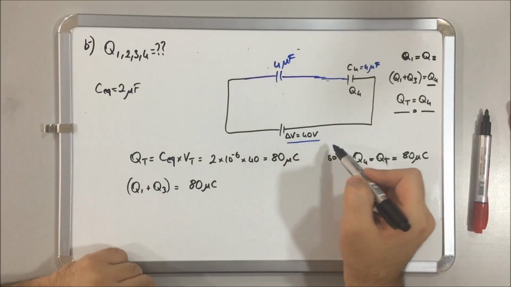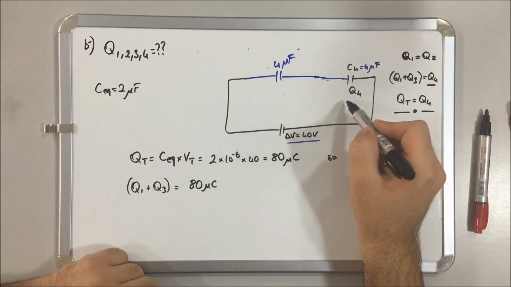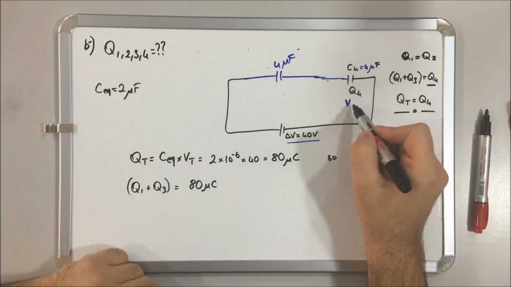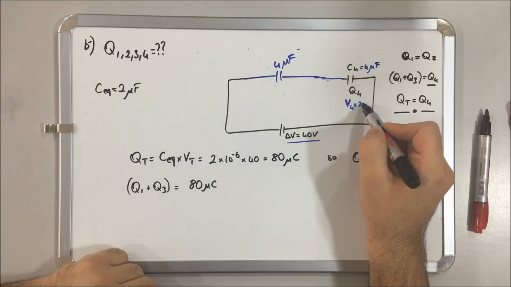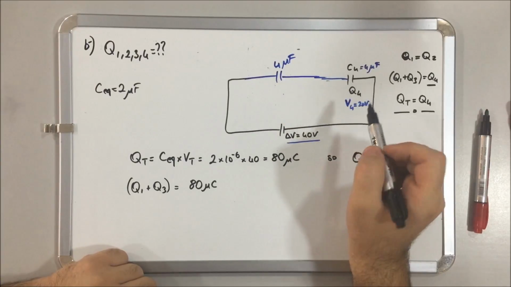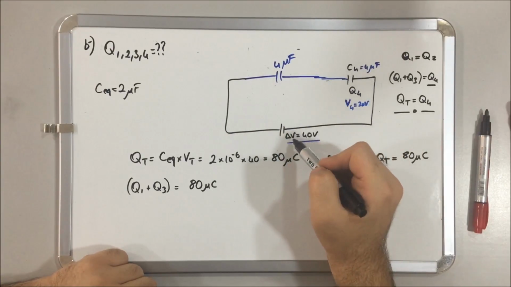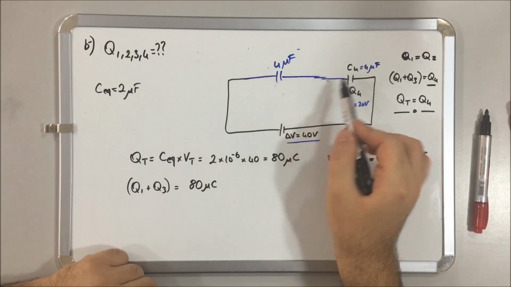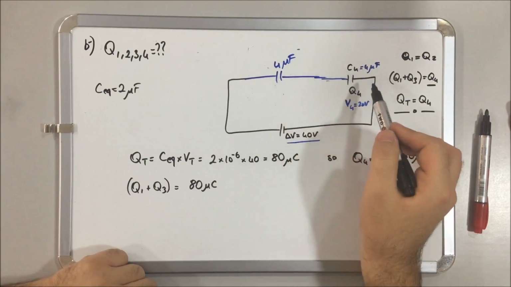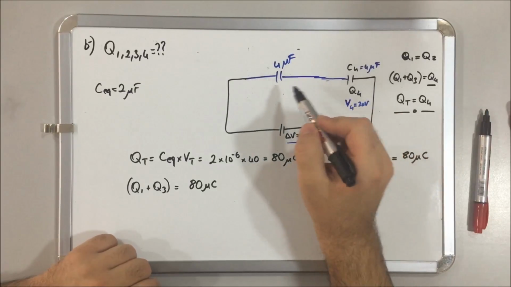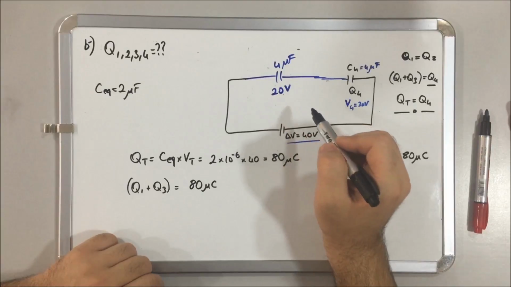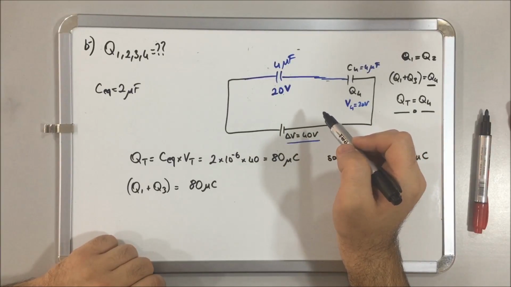So delta V is equals to 40. So V4 will be 20 volt from the series combination, because delta V is equals to V1 plus V2, sum of the potential differences. They are equal to each other, so this potential difference must be 20 volt.